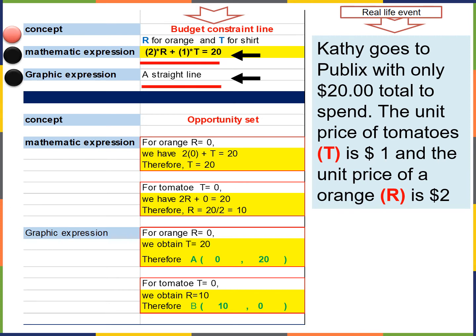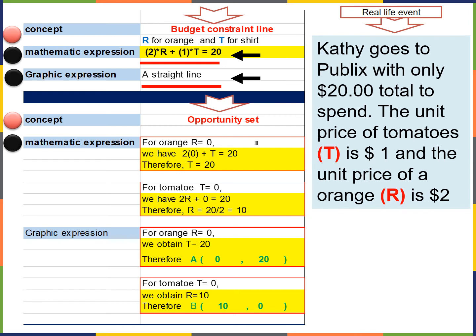The next concept that we will look into is the opportunity set. The concept is better understood as follows. Let's say you have a choice of oranges and tomatoes to make. In this choice, you're telling yourself, I am not purchasing oranges at all. Therefore, the quantity of orange will be represented by R = 0.